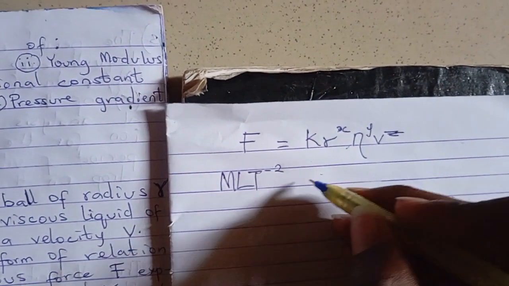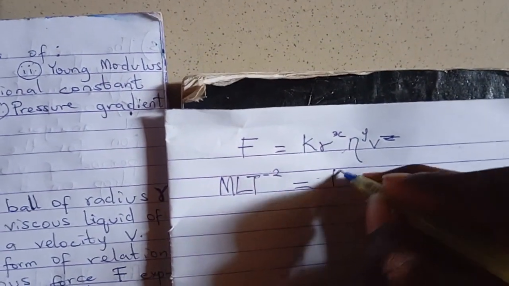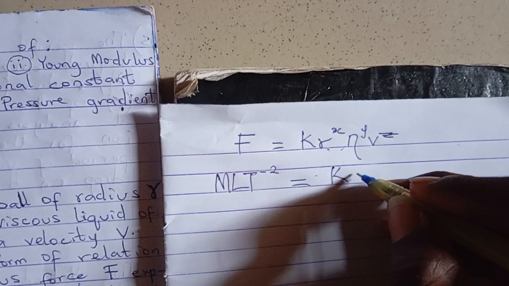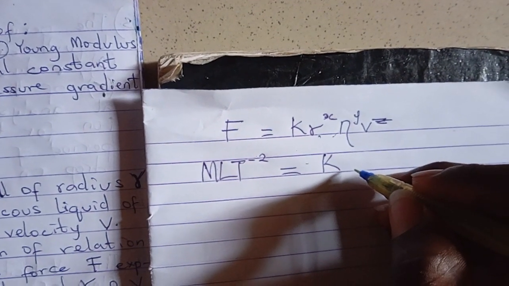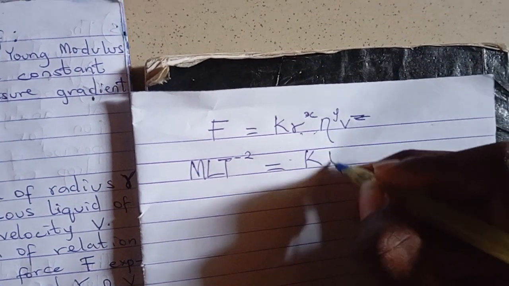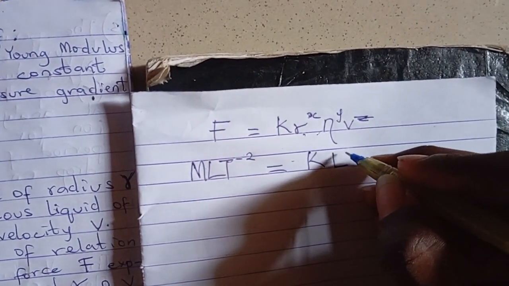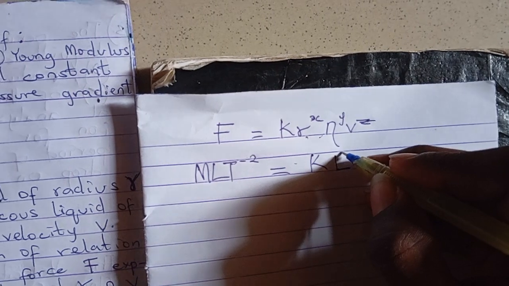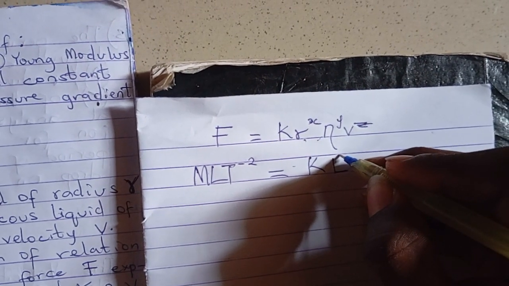So equals K r, and remember, dimension is the measurement of physical quantities using mass, length, and time. The dimension of r is simply length, where r means radius, the distance found in a circle.